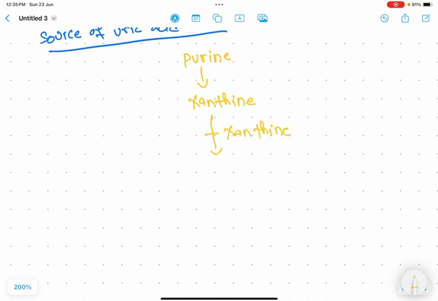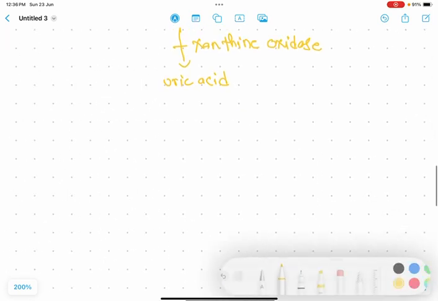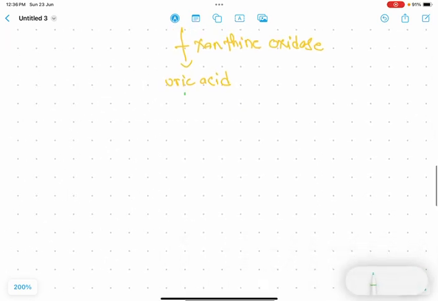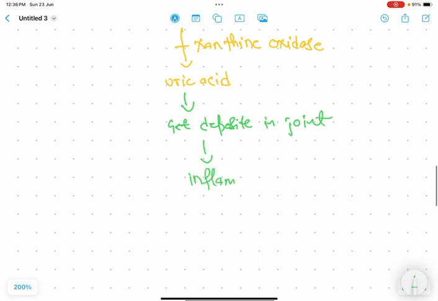In the presence of xanthine oxidase, it gets converted to uric acid, and this uric acid is the one which gets deposited in joints, and upon deposition it causes inflammation, and we know what happens during inflammation.